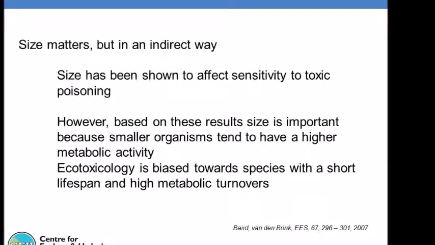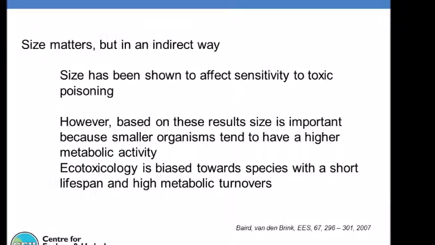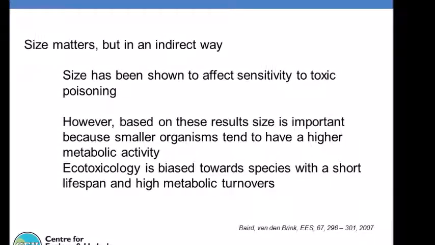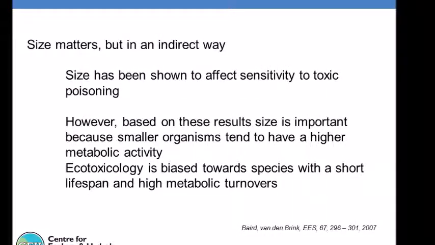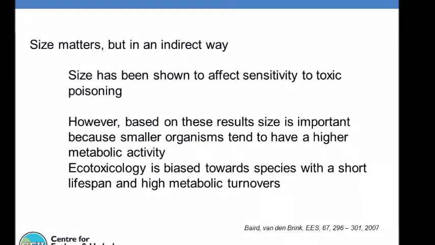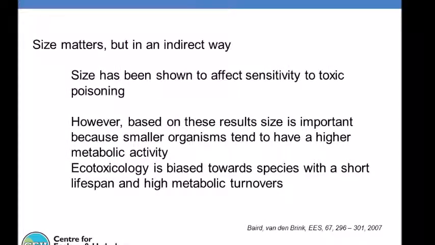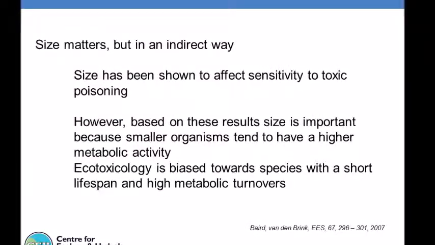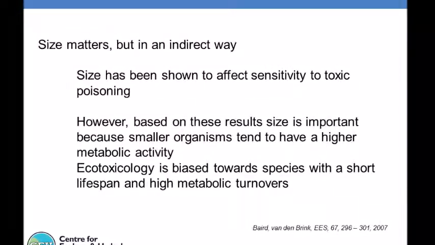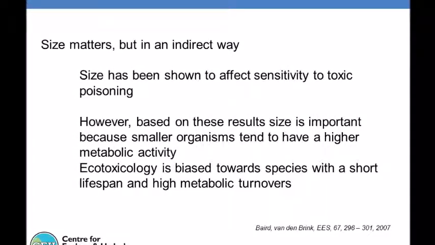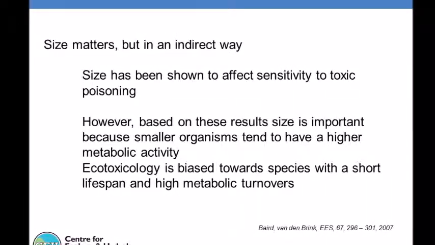Something that was mentioned quite a lot in literature was size as a driver for species sensitivity, and we think it's not. We think that typically these smaller species have a higher metabolism, and it's the metabolism that is the driving force, not the size itself.